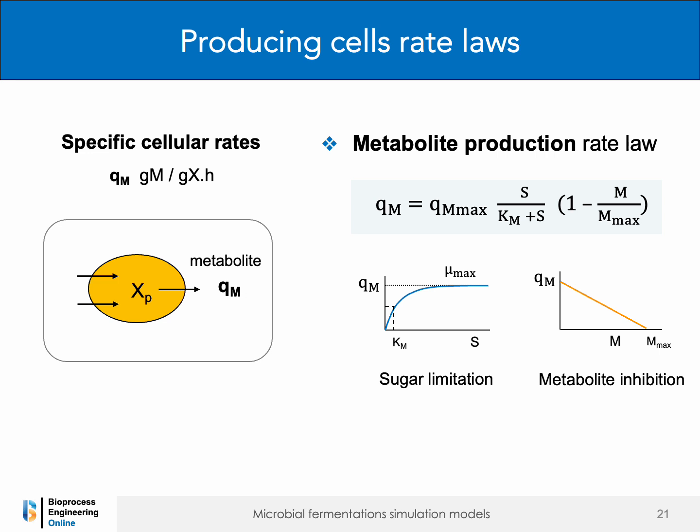QM equals QM max multiplied by S over Km plus S and by 1 minus M over M max, where S is the sugar concentration, Km is the half saturation constant for the sugar, M is the metabolite concentration, and M max is the maximum metabolite concentration, beyond which production is fully inhibited.